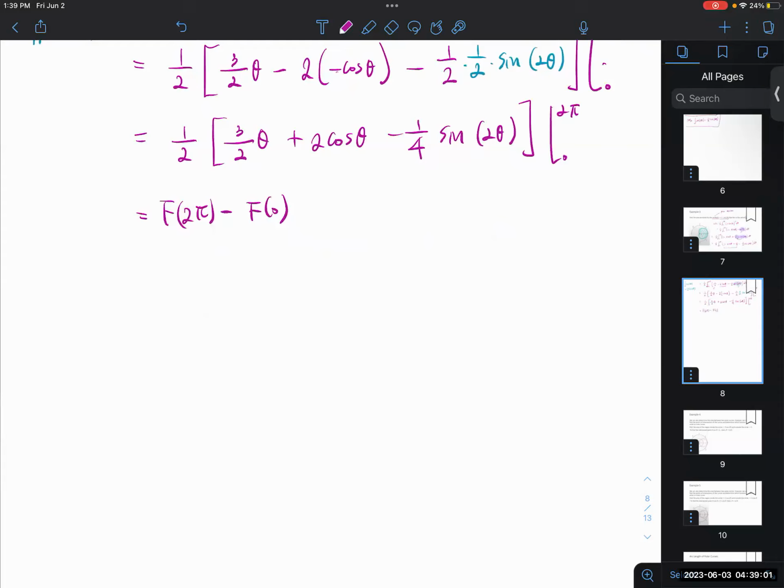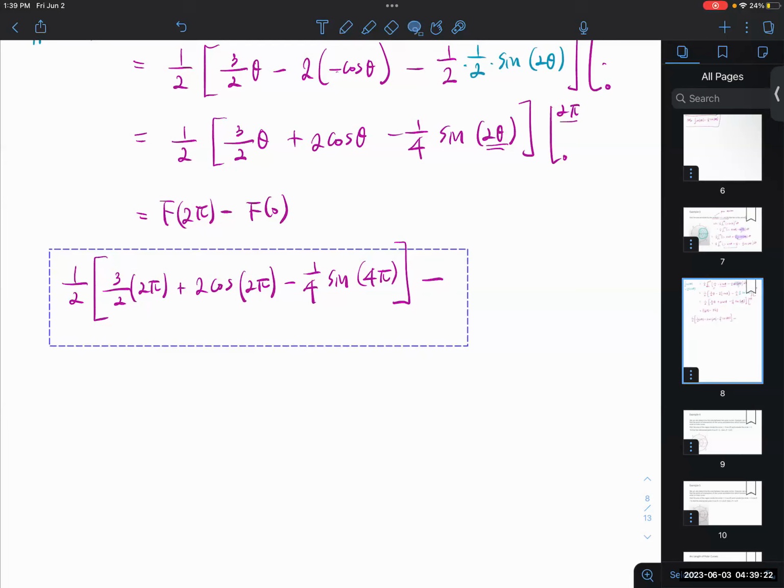And now we are going to subtract, 2 pi minus 0. So plugging in, we have a 1 over 2, 3 over 2, 2 pi, 2 times cosine 2 pi minus 1 over 4 sine. 2 times 2 pi will be 4 pi. So that's the minus. We have to do the 0 part.